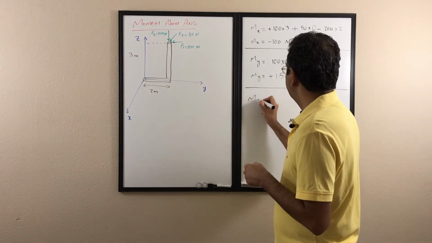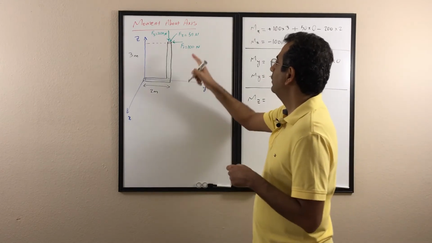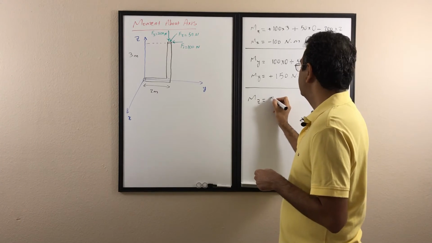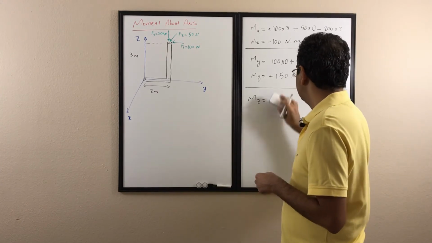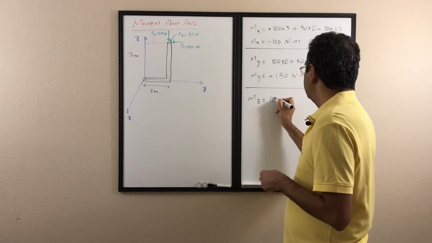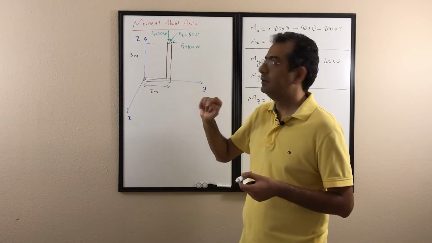And for the moment about the z, we start with the F1. So F1 intersects with the z-axis, and because it intersects with the axis, it does not generate any moment.